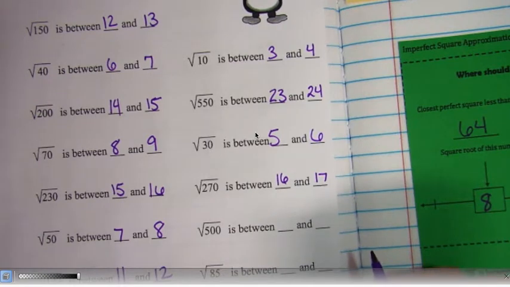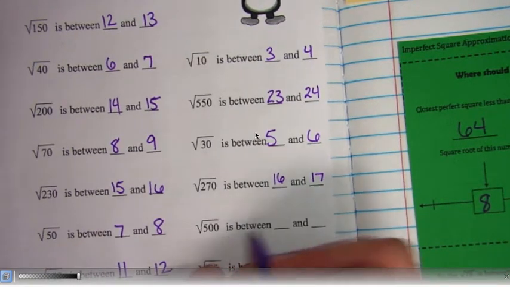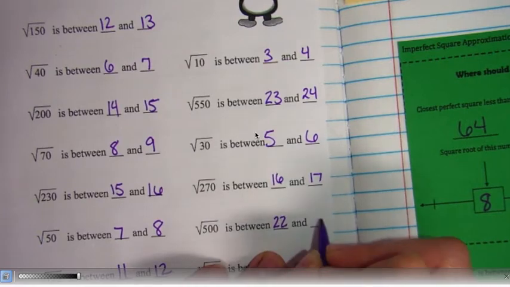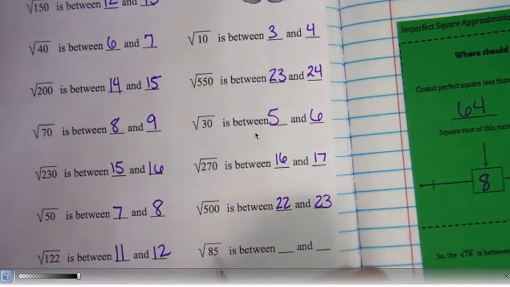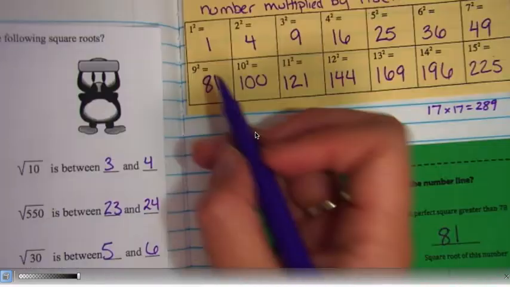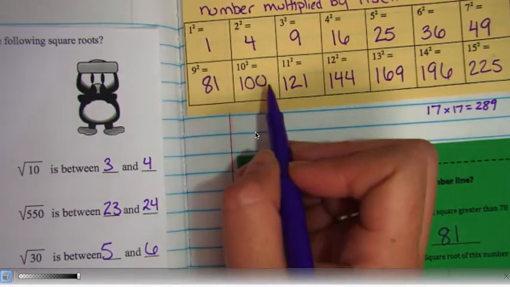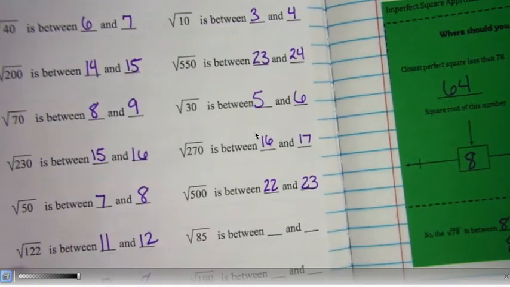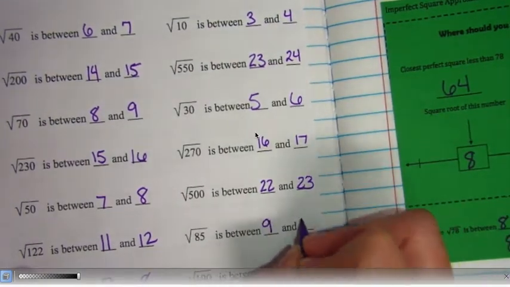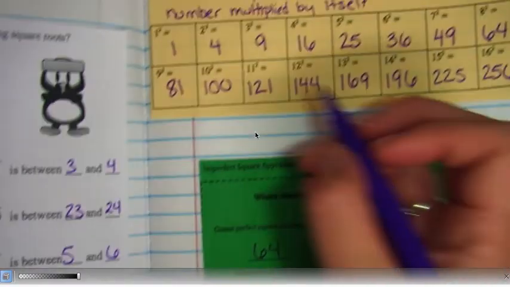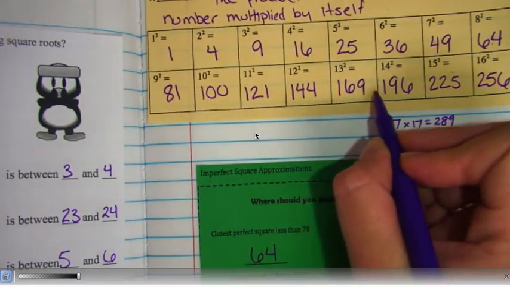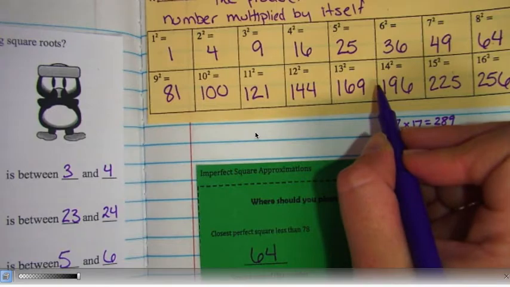Square root of 500, I know it's going to be between 22 and 23. We'd have to do a little guess and check to help with that. Square root of 85, it's going to be after 81 but before 100, so between 9 and 10. And last one, we have square root of 190. I'll look for 190. I would fit between these two numbers, so 13 and 14.